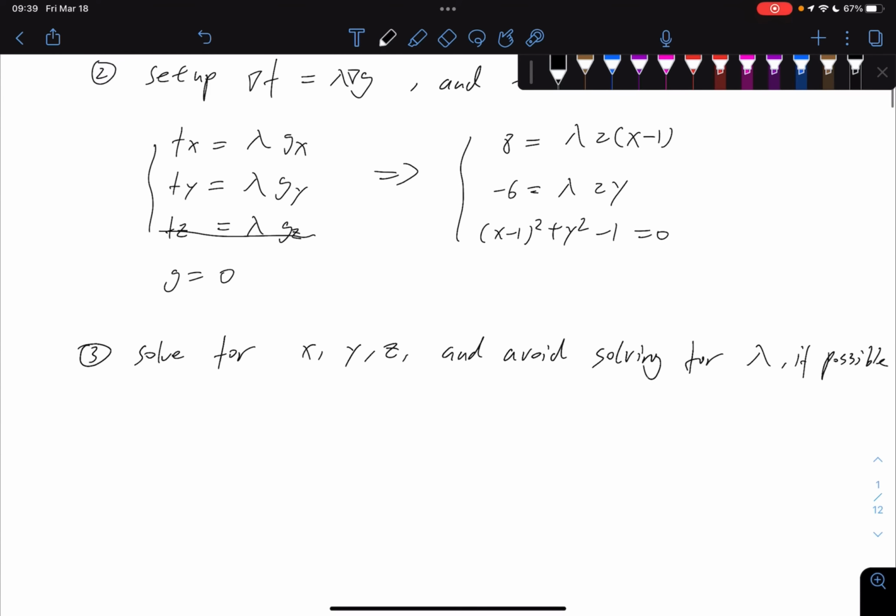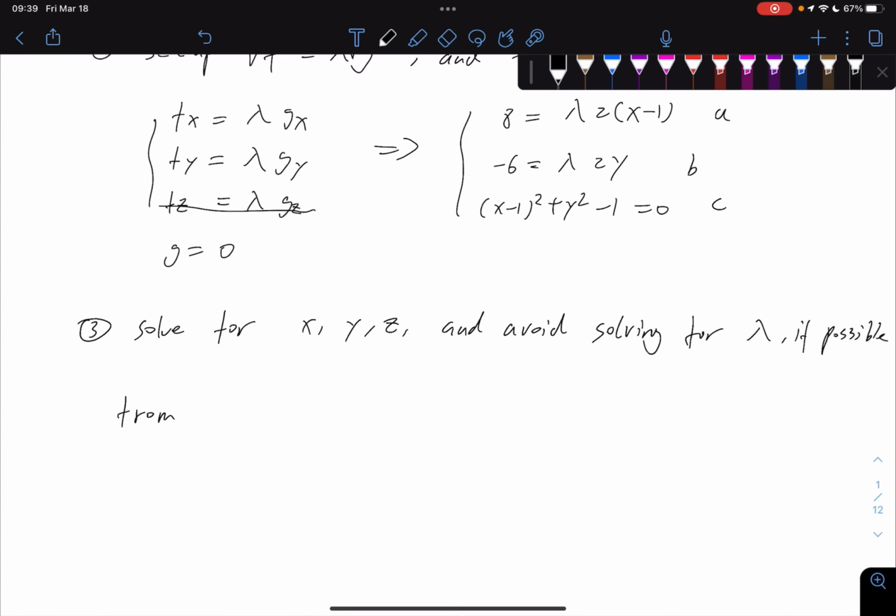All right, so I'll label these equation A, equation B, equation C. You know what, I don't like this notation. Alpha, Bravo, Charlie.